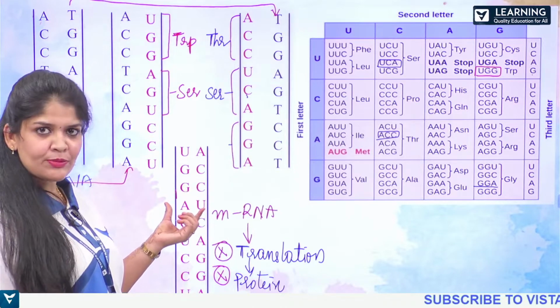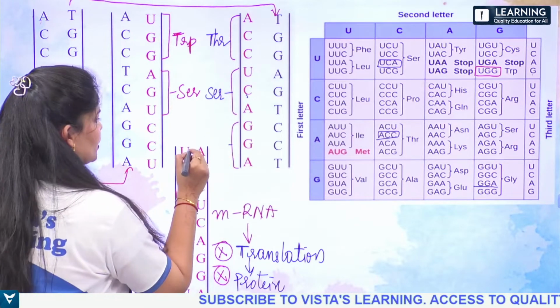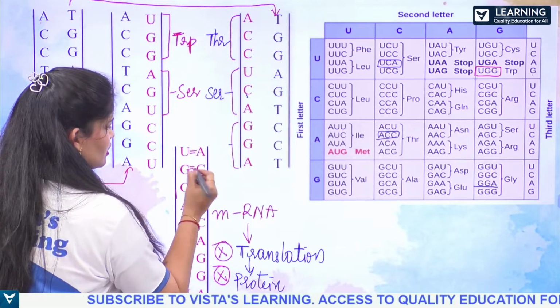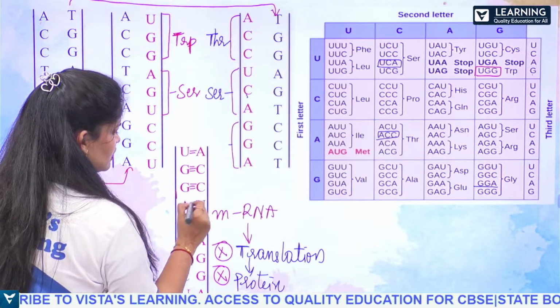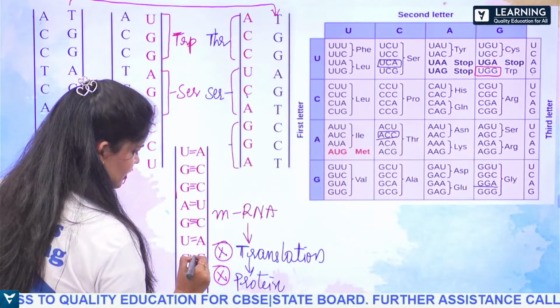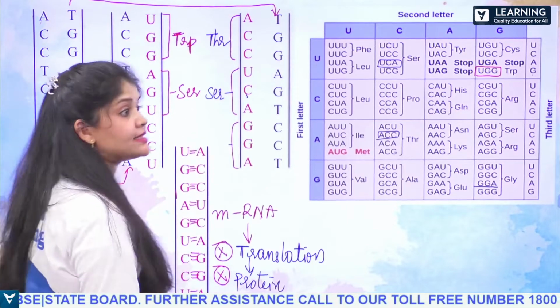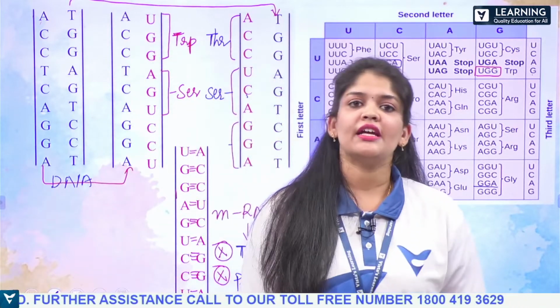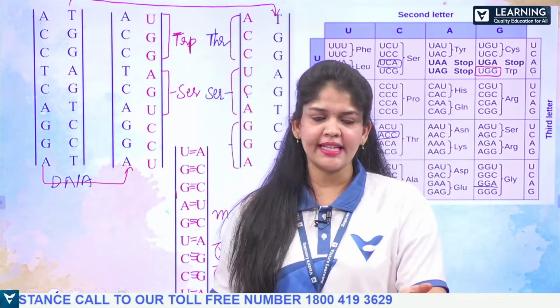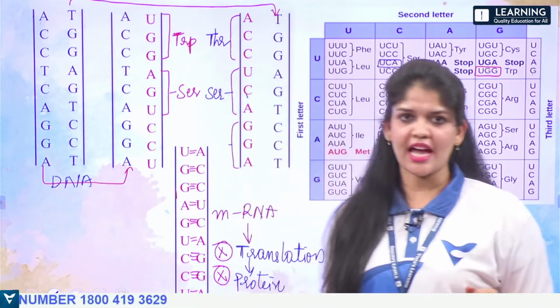They base pair by forming hydrogen bonds in between, 2, 3, 3, 2, and this is a double-stranded mRNA which doesn't further translate and doesn't produce the final protein as a product.